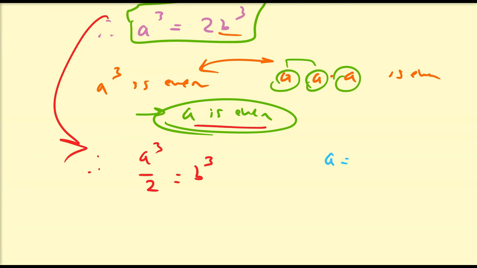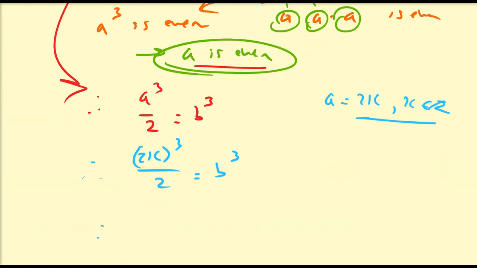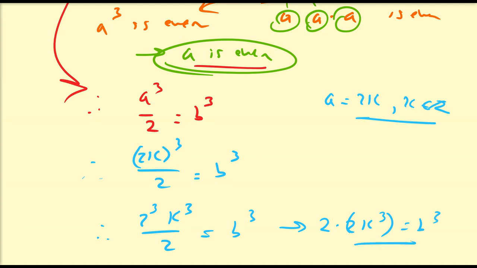So that means a is going to be equal to 2k, where k is some integer, right? So that means we have 2k, the quantity cubed, divided by 2 is going to be equal to b cubed, which is going to give us 2 cubed k cubed over 2, which is going to be equal to b cubed, which is going to give us 2 times 2k cubed is equal to b cubed, right?